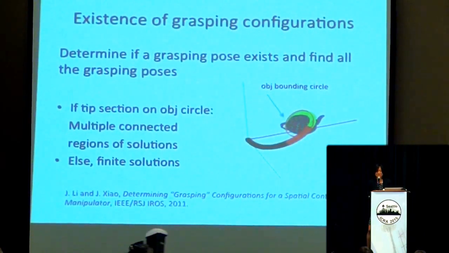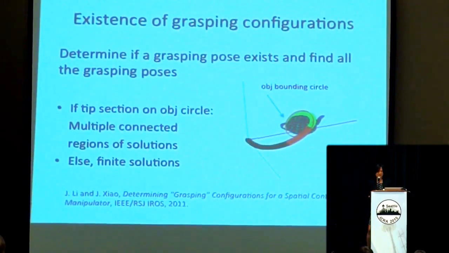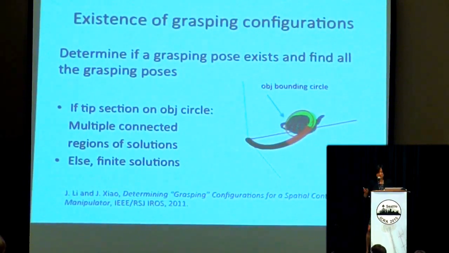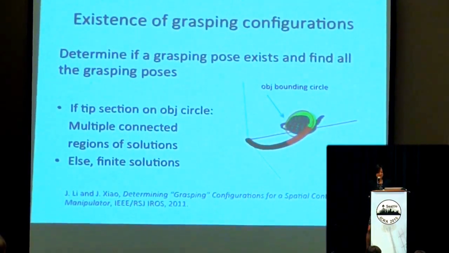What we found is if the tip section is on an object circle, such as this green one is on some object bounding circle, then there are multiple connected regions of solutions. Each region, of course, has infinite number of solutions, but if we add other kinematic constraints on reachability of the objects and so on, the solutions may be finite in some cases.